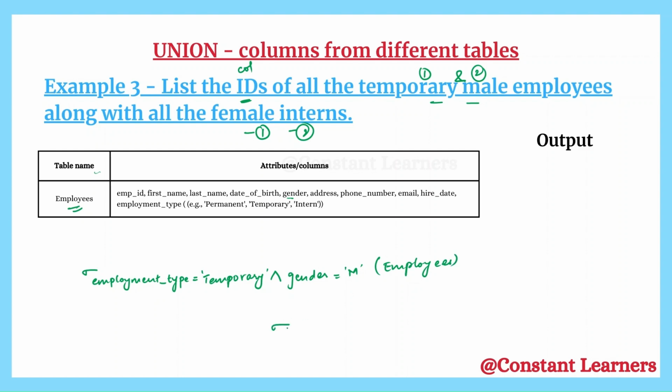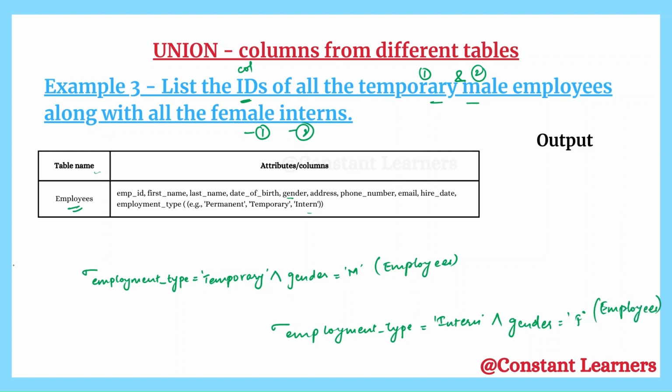Again, we have to select employment type is equal to intern, and the interns have to be female. It is mandatory. So again, AND operation, gender is equal to F, and the table will be employees.